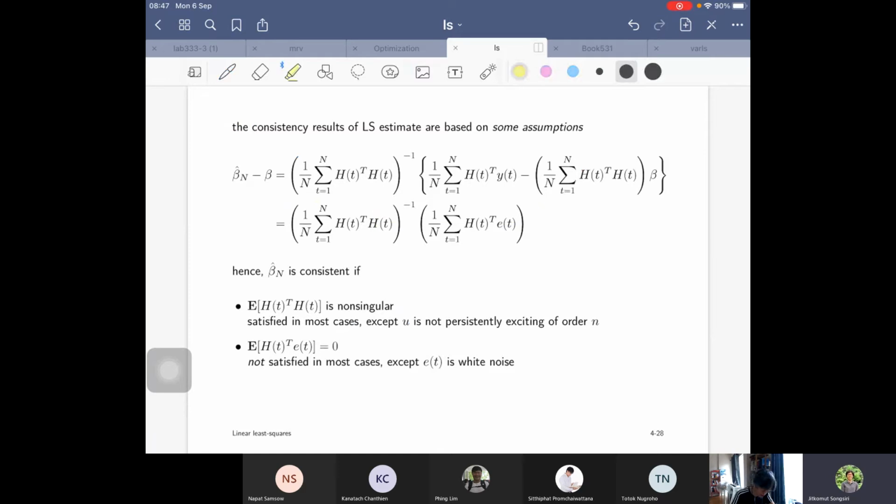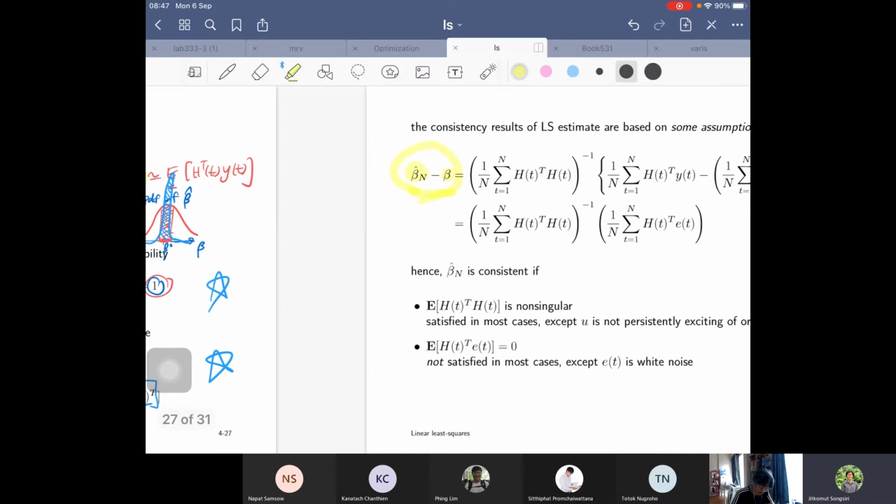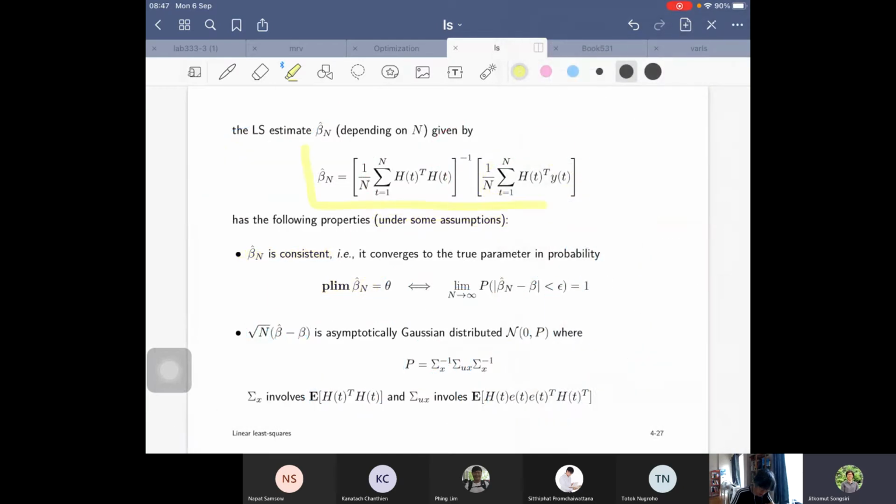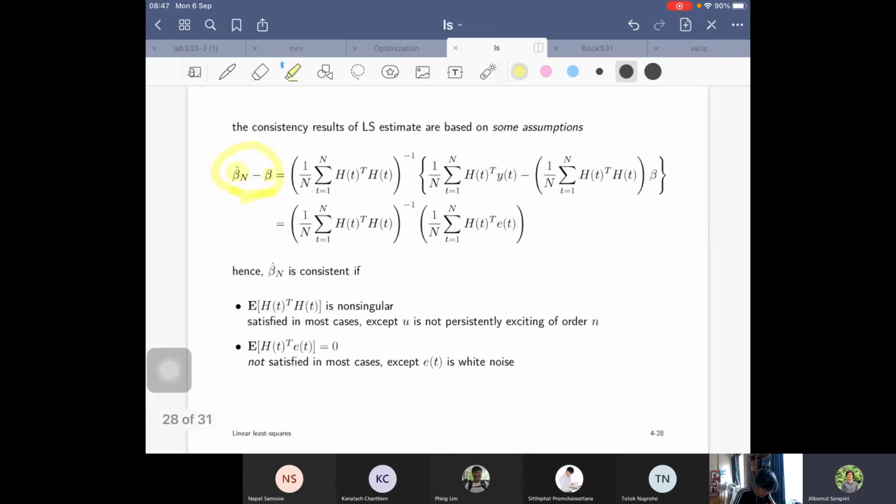We take a look at beta hat minus beta. This is like a bias term, right? Your estimator minus the true parameter. If I use the expression on this page and play with the equation, you see that the term here multiplied with the yellow term is the identity matrix.